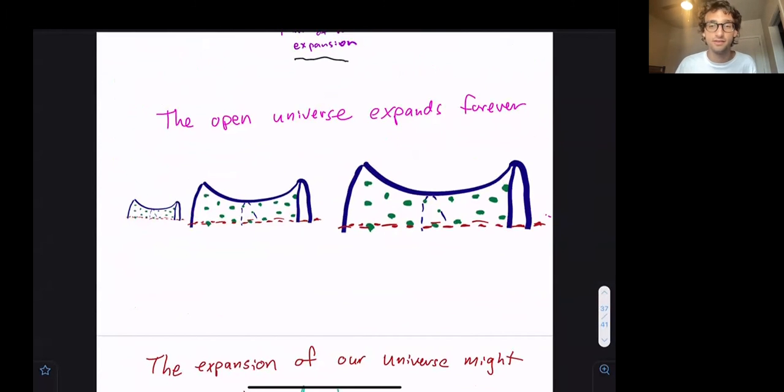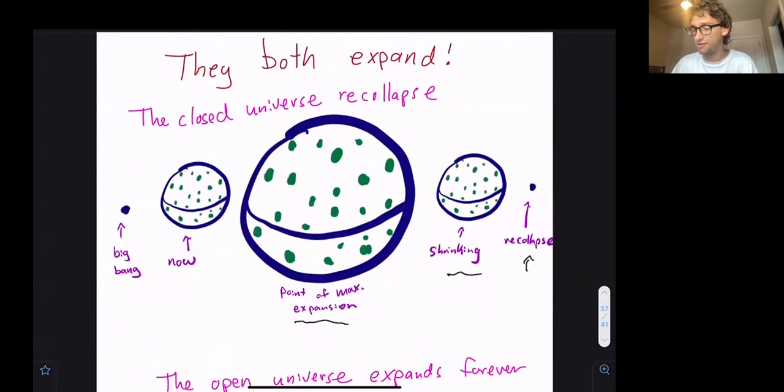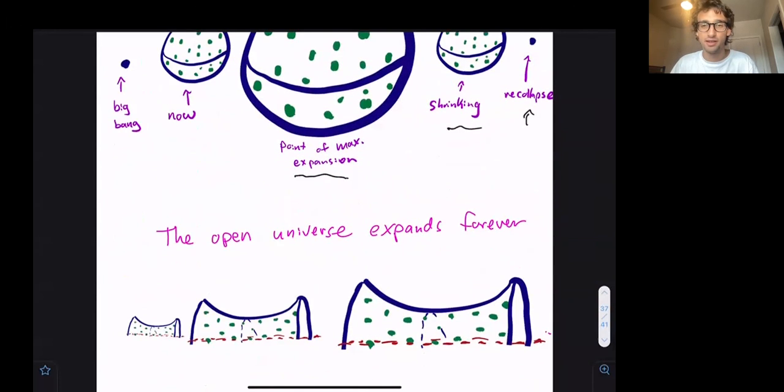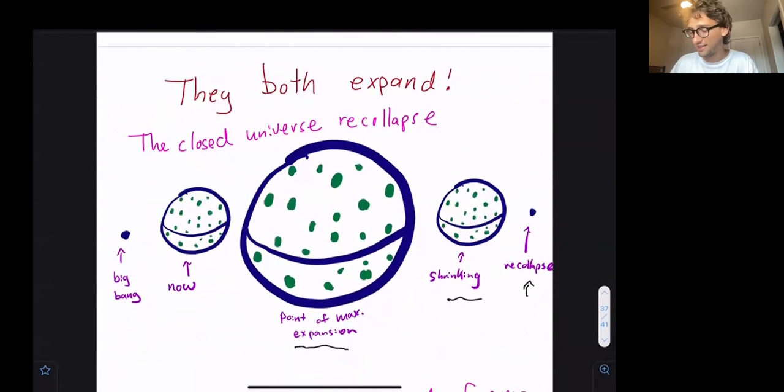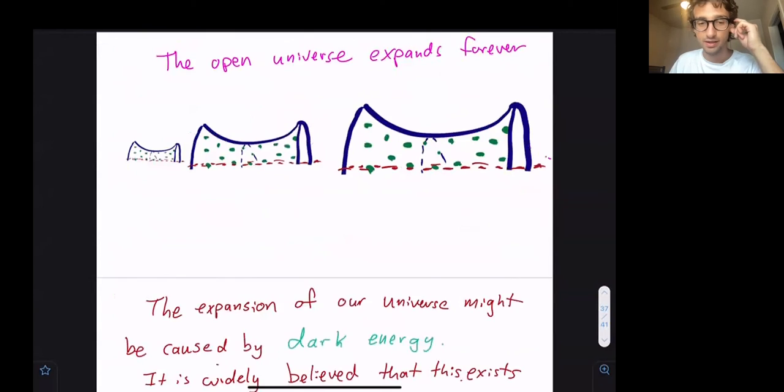So if you're looking for the fate of the universe, things will be so spread out that nothing will interact with each other. Yes, the universe will die either way, or it will. I think the only way that the universe won't die is with this closed universe, because it keeps shrinking and expanding, so it just goes on forever and ever. Any questions about this?